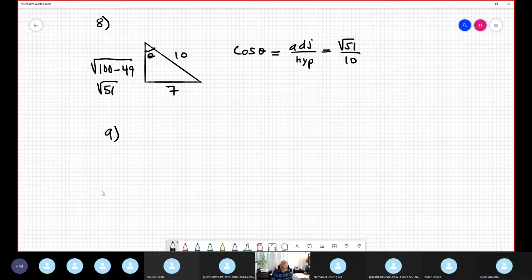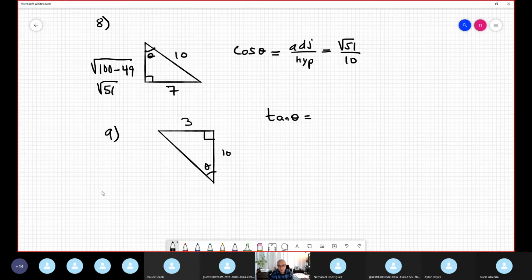The next one I have on my paper in front of me is a triangle like that, in which this side is 3, this side is 10, and this is a right angle, of course, and this is my famous theta. I need to compute tangent theta.